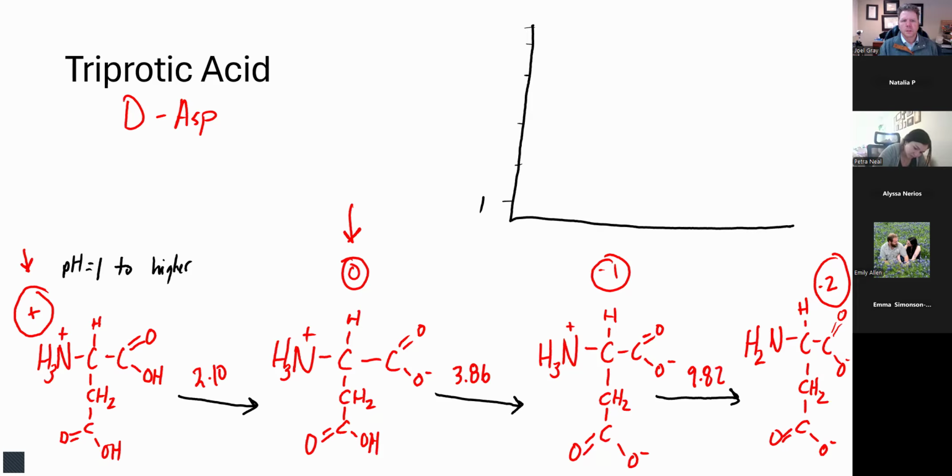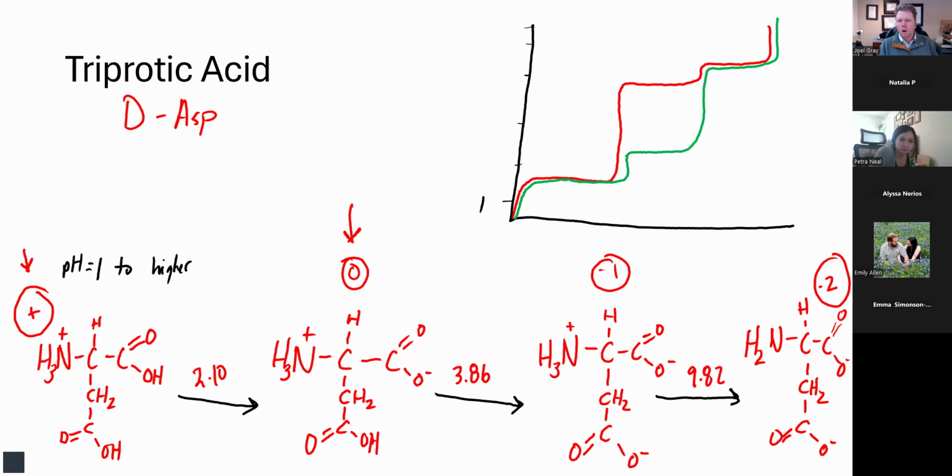9.82. I'm going to draw 2 titration curves, and you tell me based on the color of it which is most accurate. We got a red one, and then we got a green one. Okay. Tell me R for red or G for green.